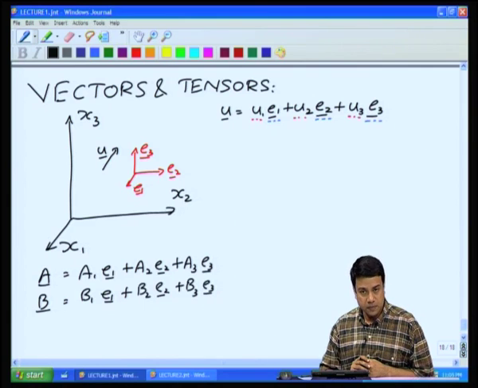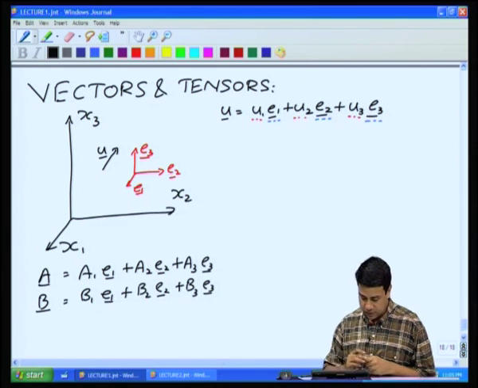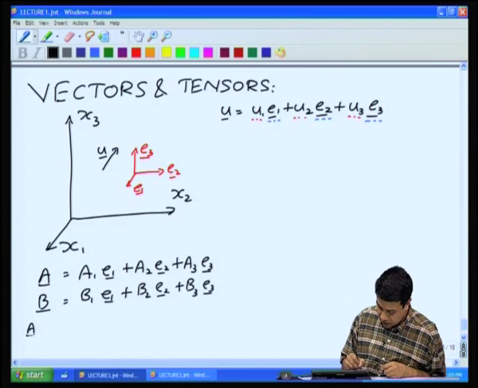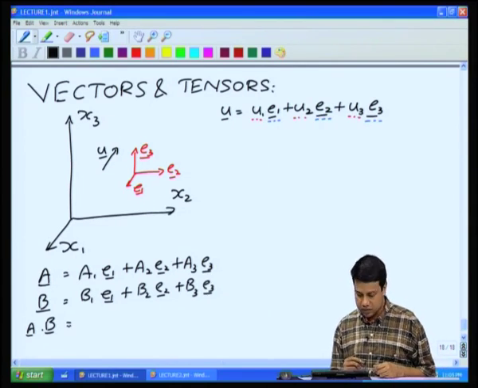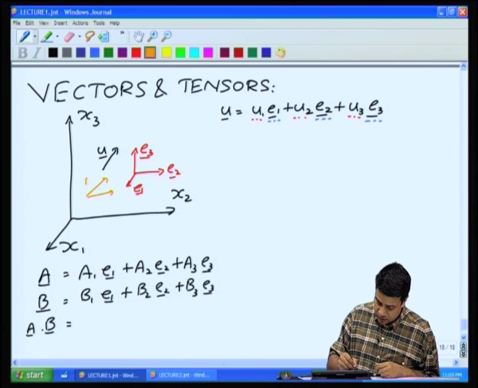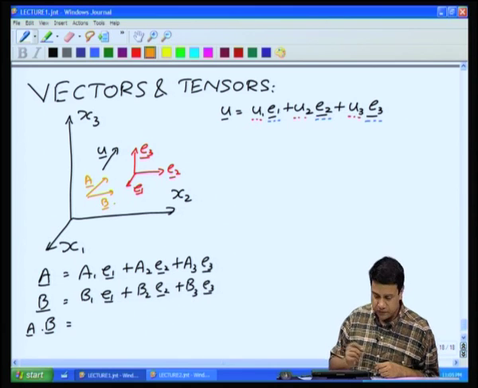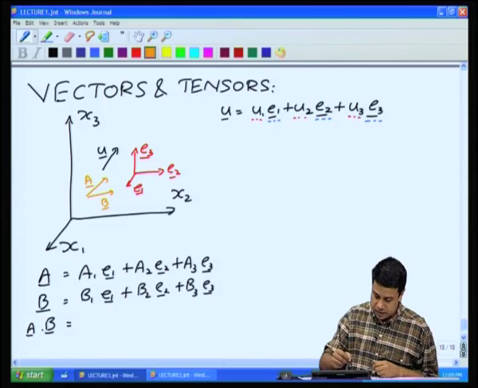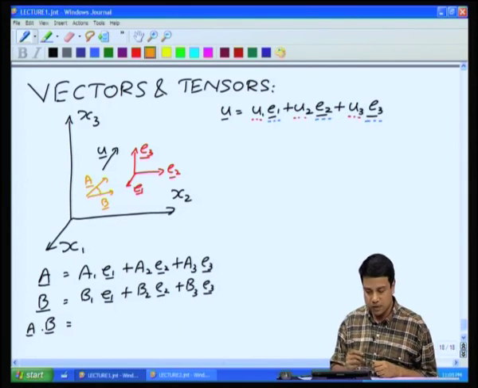I can take the dot product of these two. The dot product of two vectors is a scalar. It is equal to a dot b. You can write it in various ways. So, if I had two vectors, a vector and b vector, it is written in various ways. One is in terms of the angle between these two.